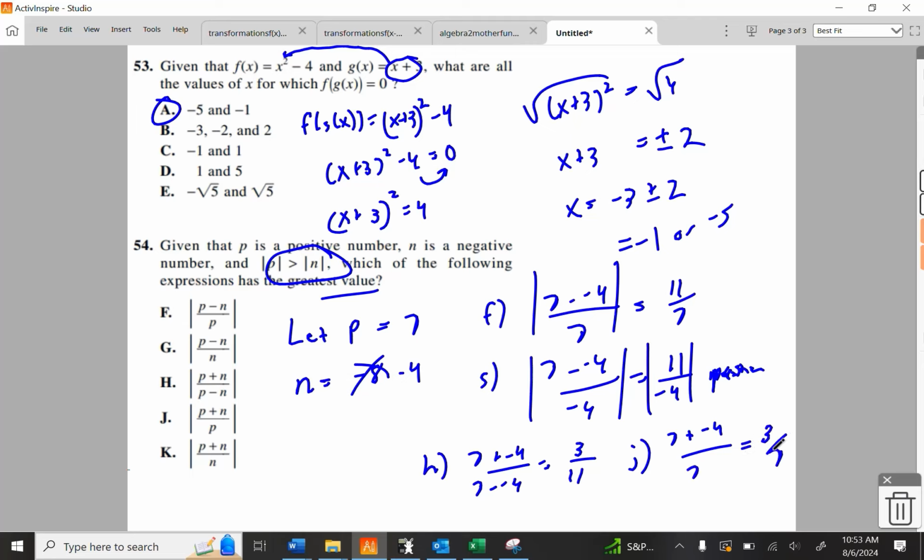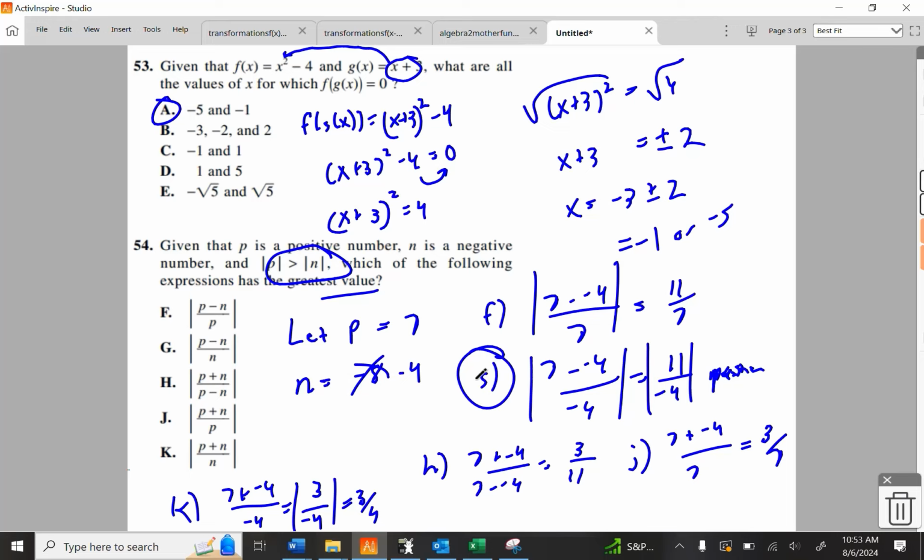This is 3/7, which is small. And then we have K. K is P plus N, 7 plus negative 4 over negative 4. This is going to be 3 over negative 4, but then you have the absolute value, so 3/4. Choice G. G is the biggest one up there.